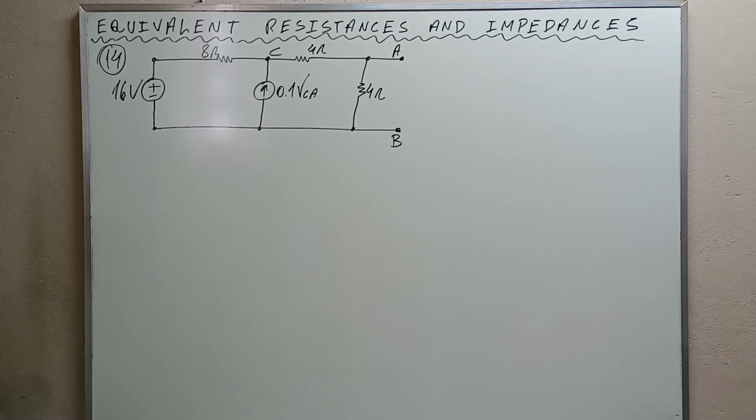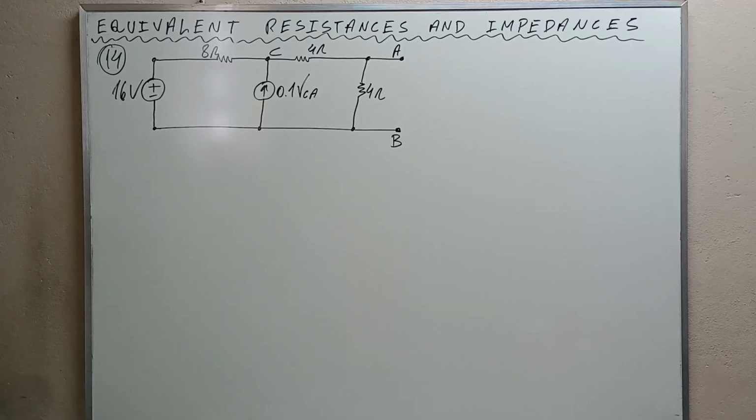Note that the current source in the middle of the circuit is controlled by the voltage between terminals C and A. In the calculation of the equivalent resistance, controlled sources cannot be short-circuited or opened.